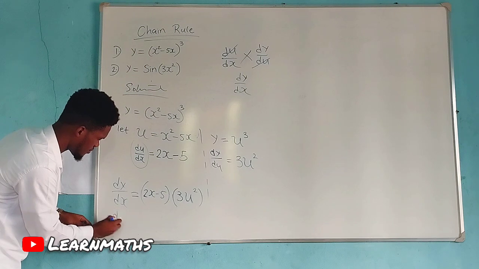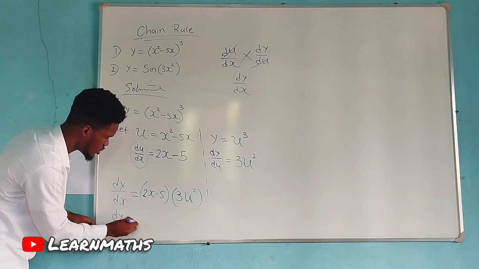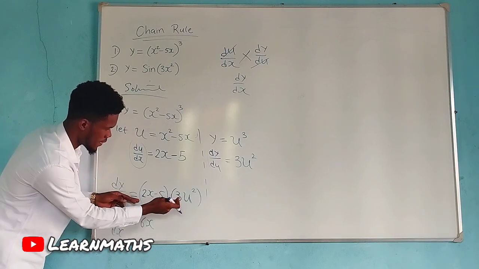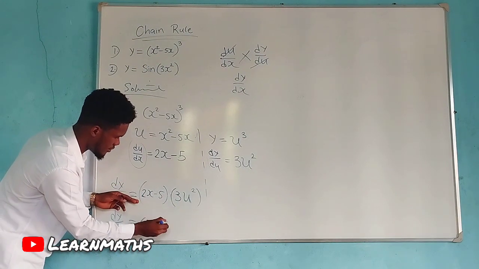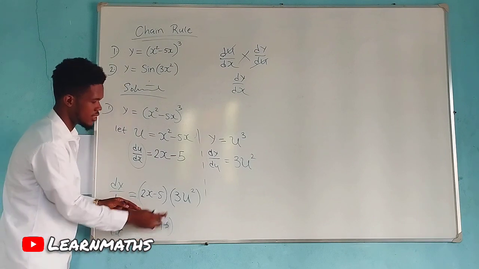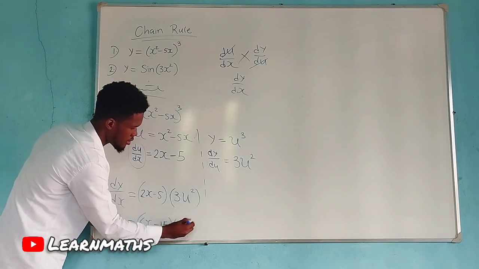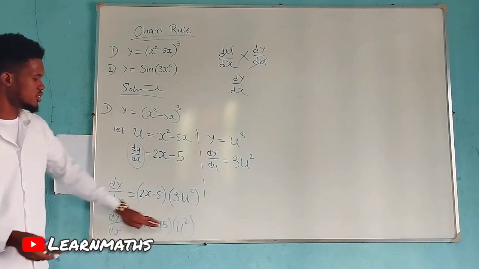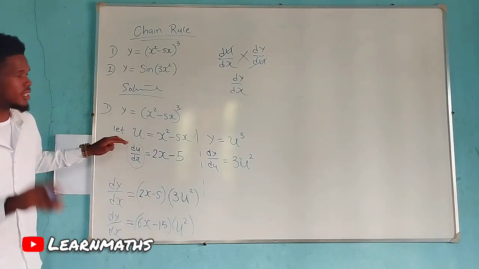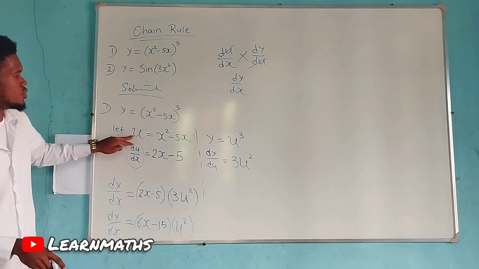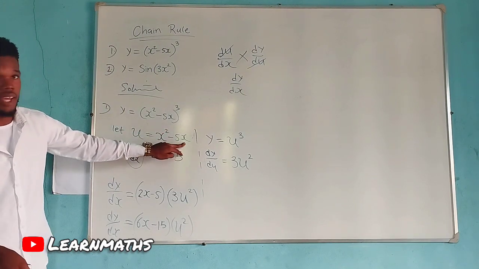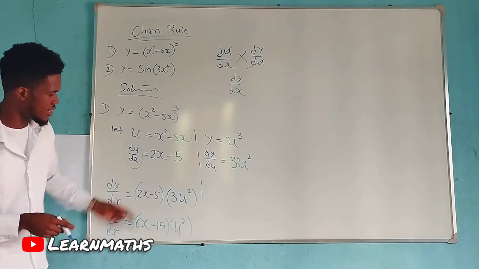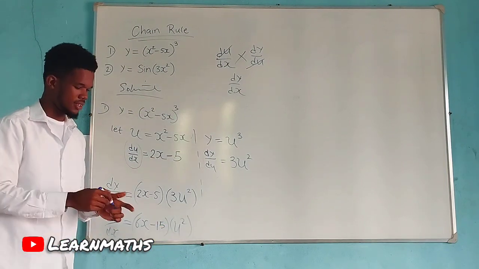So finally, dy dx is going to be equal to 3 times 2x, that's 6x, then 3 times negative 5, that's negative 15, multiplied by u squared. You remember we said the value of u should be equal to x squared minus 5x, right? We're going to substitute this value for u into the u we have here.